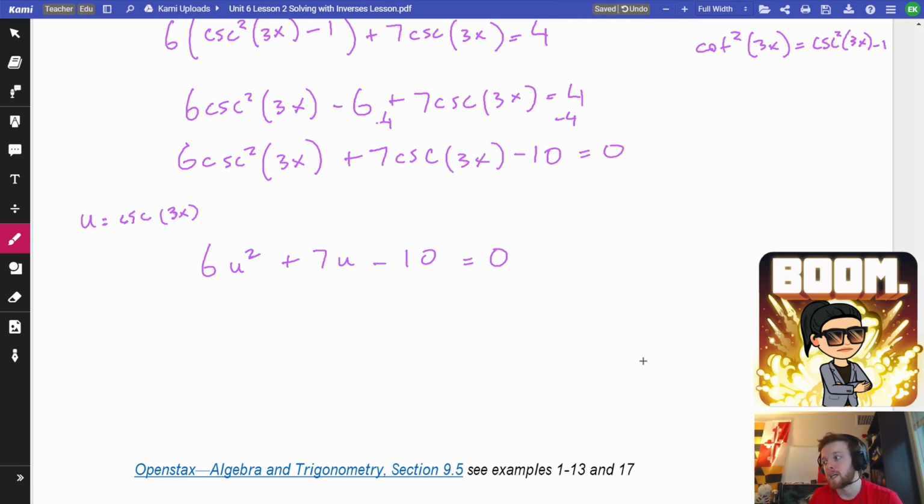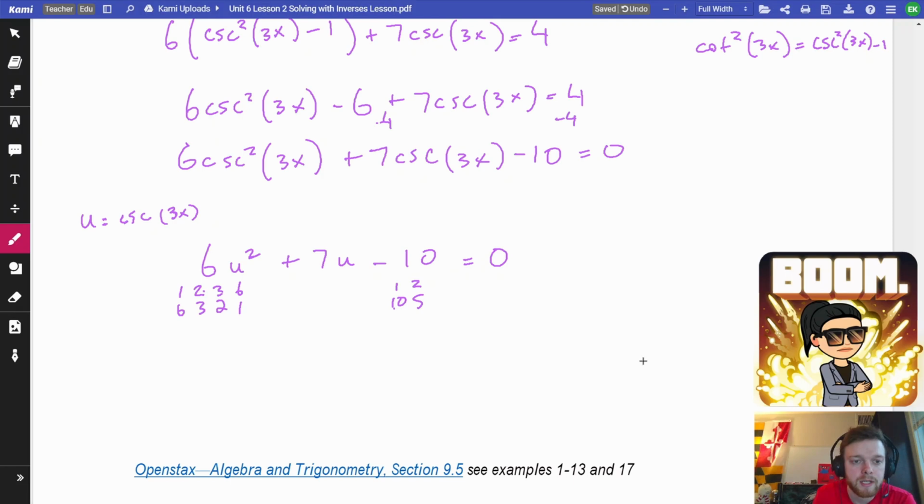I have really high hopes, guys. I really hope this factors. 1, 6, 2, 3, 3, 2, 6, 1. 1, 10, 2, 5. No need to alternate. I alternated on the left-hand side. We need to get 7. 10 and 6 does not give me 7.